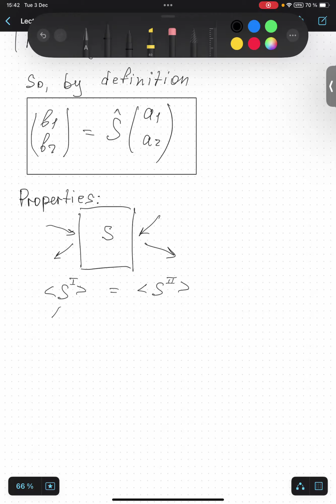Or in other words, this one is A1 squared minus B1 squared, and this one is B2 squared minus A2 squared.